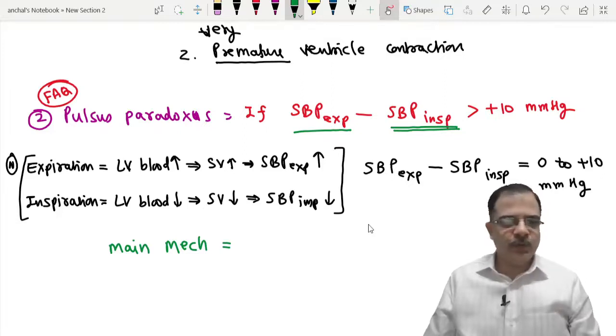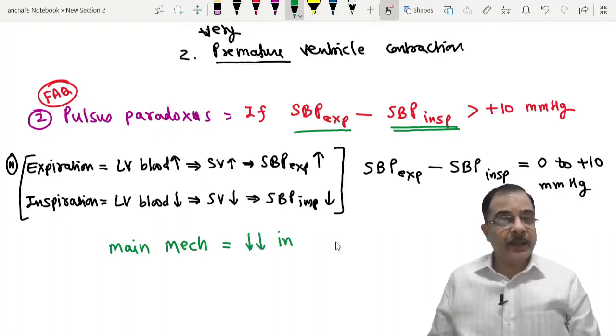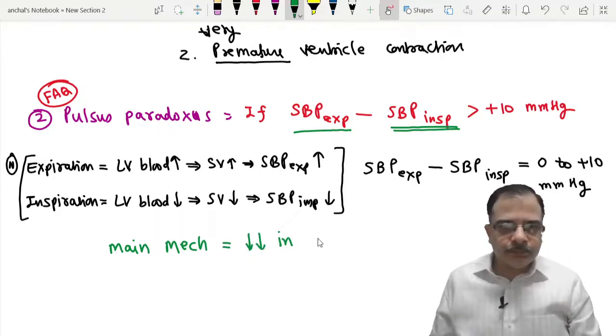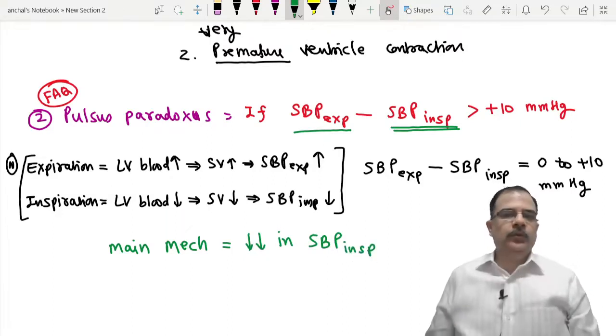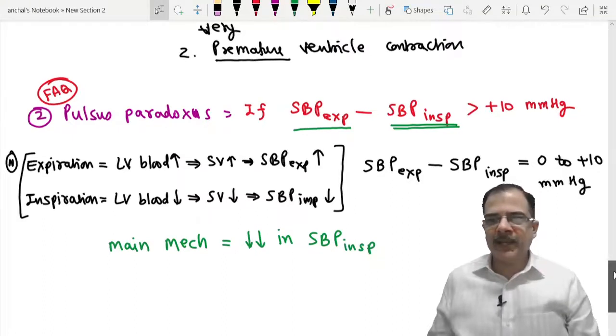No, I have not told you anywhere. So the main mechanism is a double arrow reduction in systolic BP during inspiration. That is the main mechanism.